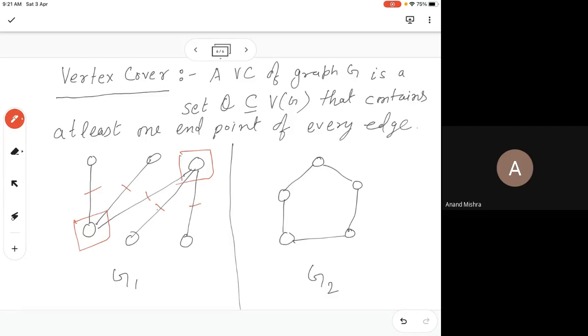Therefore, the minimum size vertex cover of G1 is these two nodes drawn in a red rectangle, right? Of course, the maximum size can be all the nodes, and if you use all the nodes, obviously all the edges will be covered. But this is the minimum. Question: what is the minimum size vertex cover in G2?